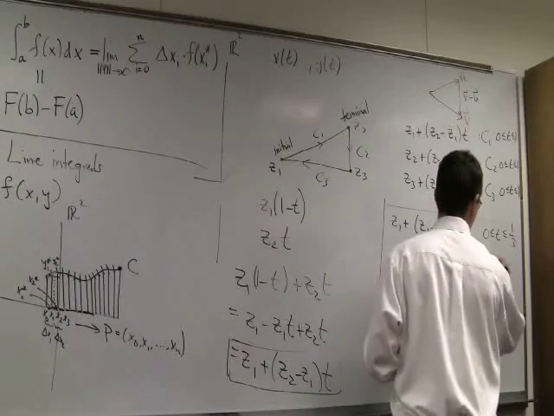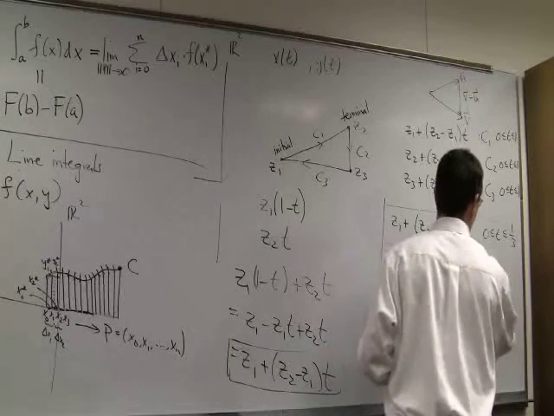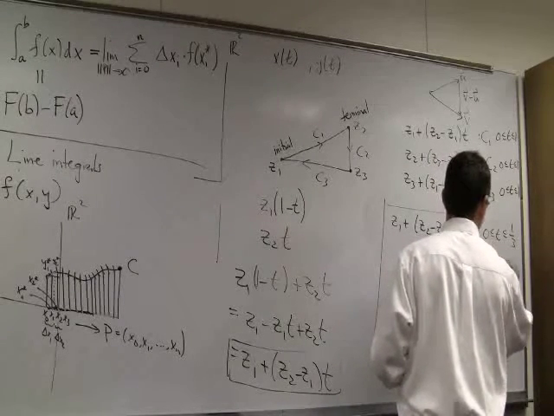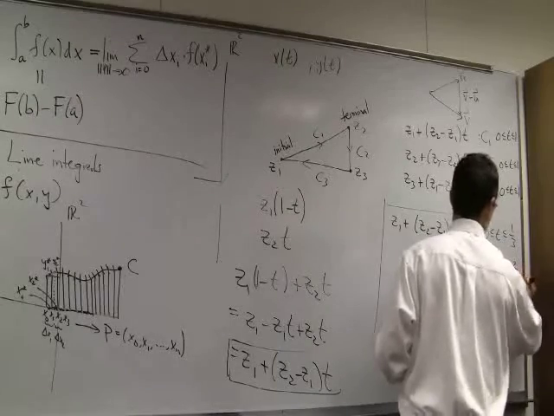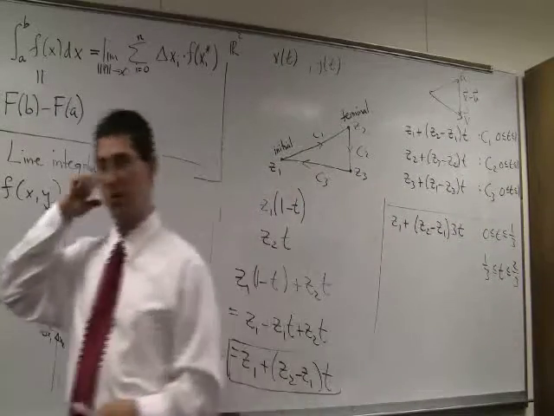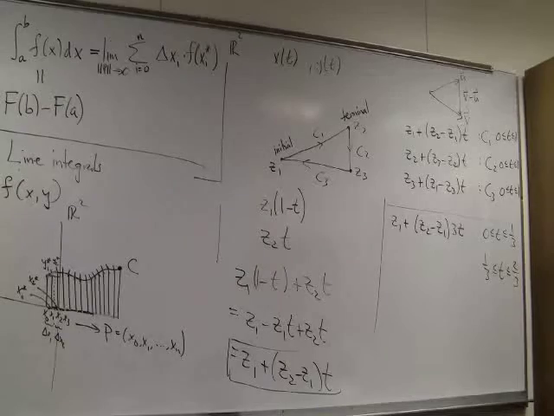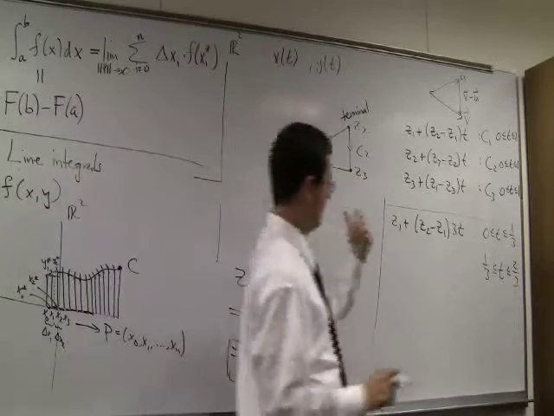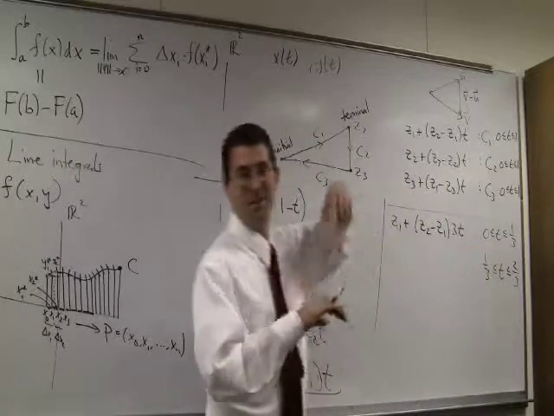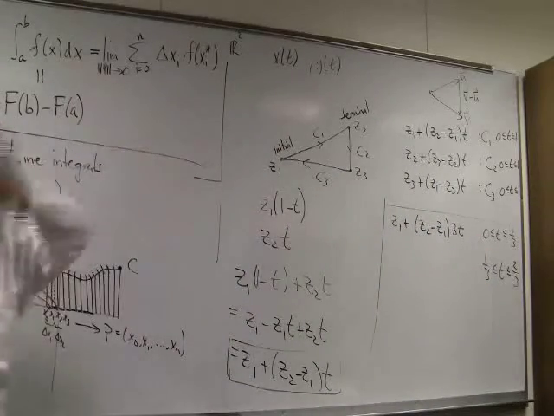Now the next one, not 0 anymore. We're going to go from 1/3 to 2/3. So it needs to be the case that when t is 1/3, it's where it was when t was 0 before.